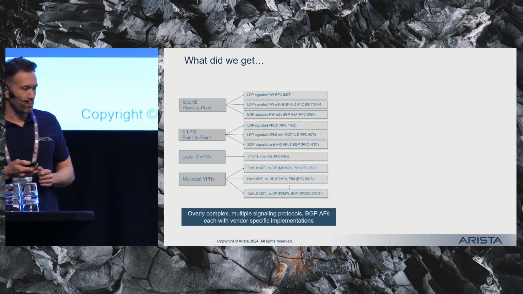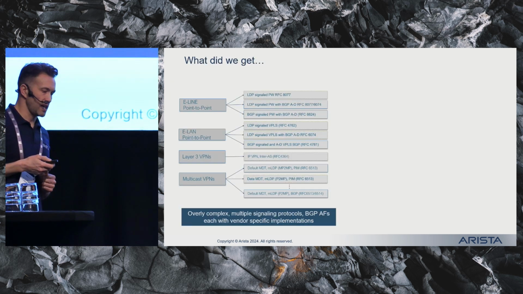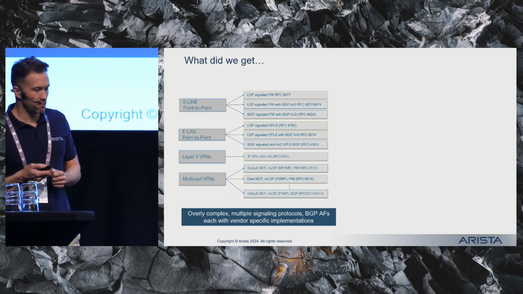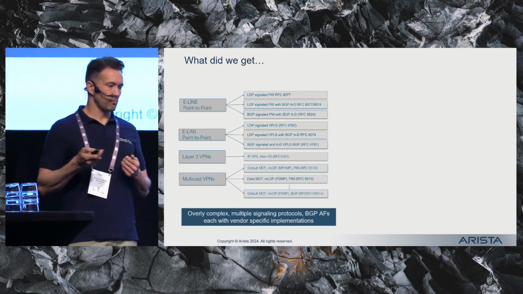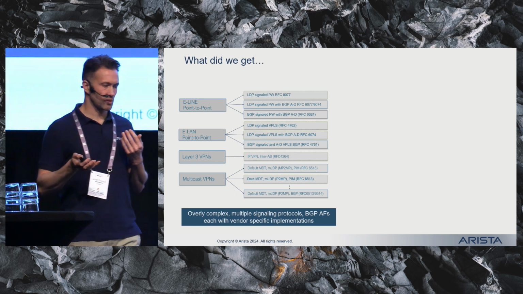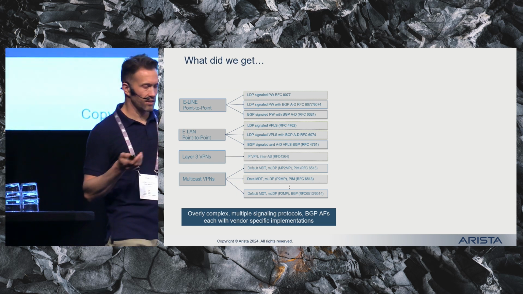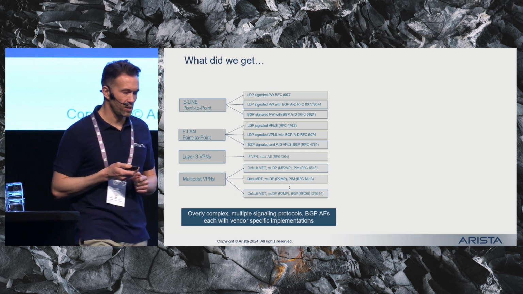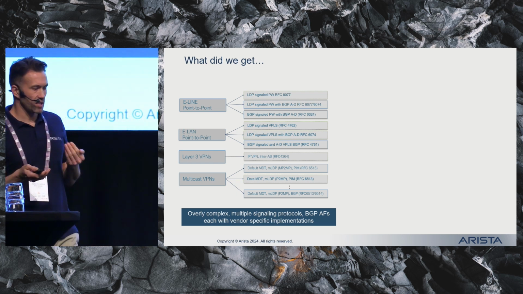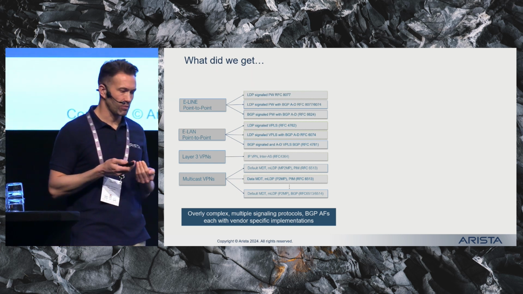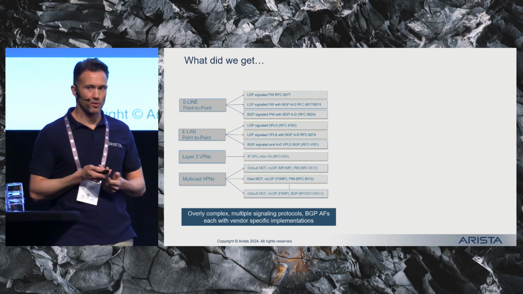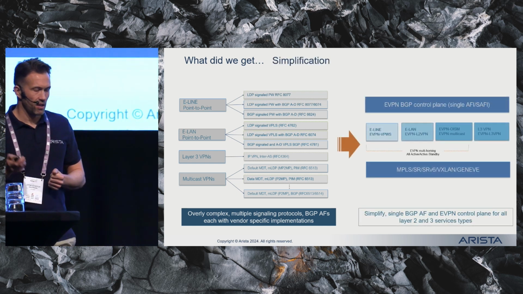So closing the loop on the presentation, what did we have before and what did we get? I mean, before we had these overly complex solutions using multiple signaling protocols, multiple different BGP address families, and all of them with vendor-specific implementations to fill the gaps in the different drafts that we had. So what did we get?